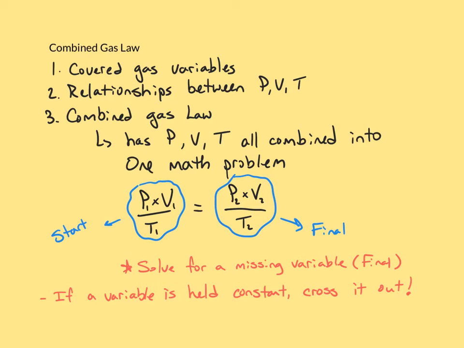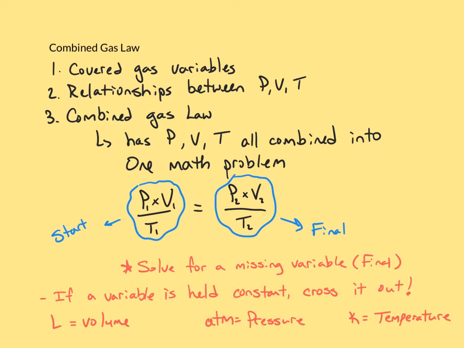The other thing that you need to know is that the different variables have different units, and the different units are clues as to what variable you're looking at. So when you read the problem, you're looking for things like liters, which is a volume, or atmospheres for pressure, or Kelvin for temperature. These are the only three units I'll use so that it'll make it easy for you to find them.